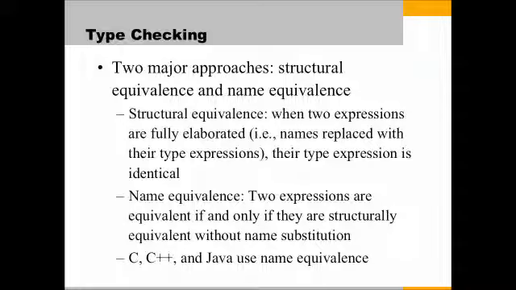So for example, let's say that we have struct student, and we'll give the student a name, and let's also give them age.